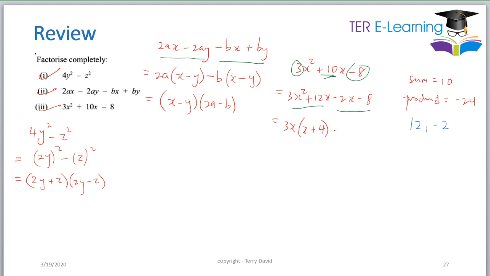Then on the right hand side, the only thing common there is 2, so we're going to pull out 2, and that will become x. The brackets need to be the same, so this has to be x plus 4. Therefore this sign must be a minus sign. So therefore my final answer is x plus 4 by 3x minus 2. Alright, so when I factorize that, I am going to get this.